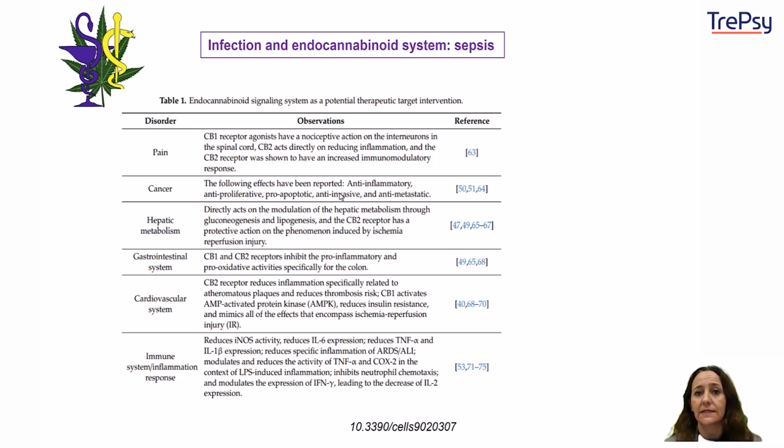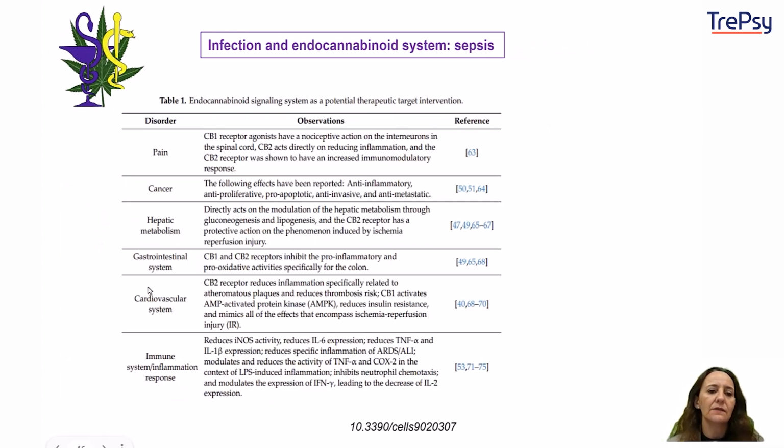anti-invasive, and anti-metastatic effect. Also, in hepatic metabolism, CB2 has a protective action in the phenomenon induced by ischemia reperfusion injury. In the gastrointestinal system, CB1 also inhibits the pro-inflammatory and pro-oxidative activities, especially in the colon.